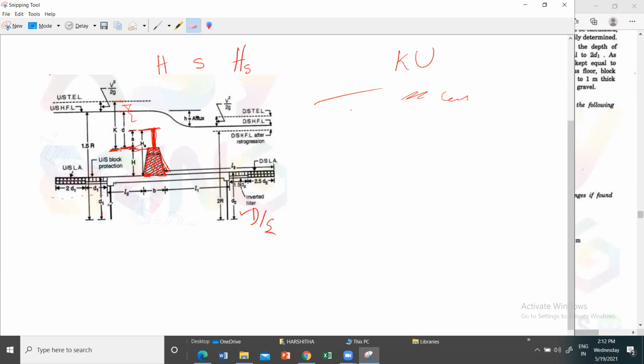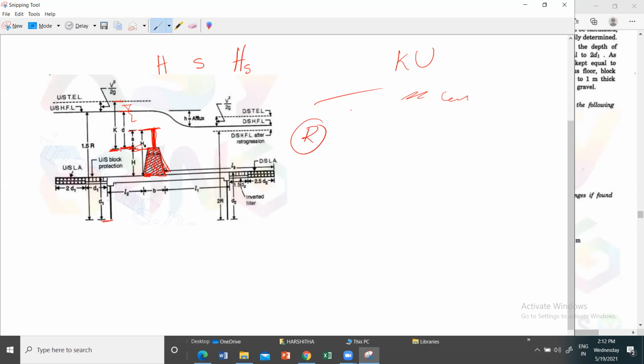So this is the depth of the vertical cutoff, and we need to calculate these depths also. How to calculate these depths? If you know the bed level and the R value, regime's scour depth, then we can calculate this D1.